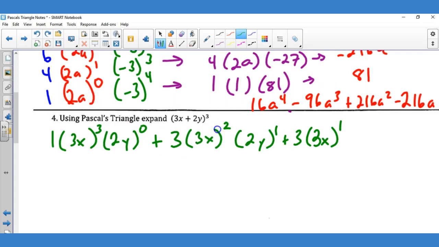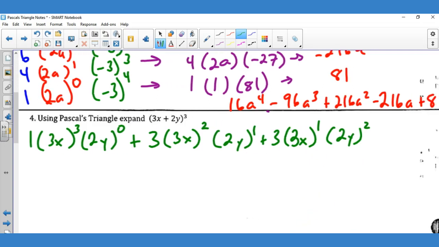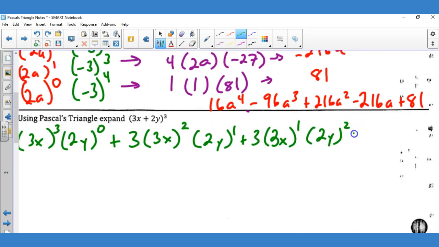See, 3, 2, 1. And I'm going to go 2y squared. 0, 1, 2. And then finally 1, times 3x to the 0, and 2y cubed.